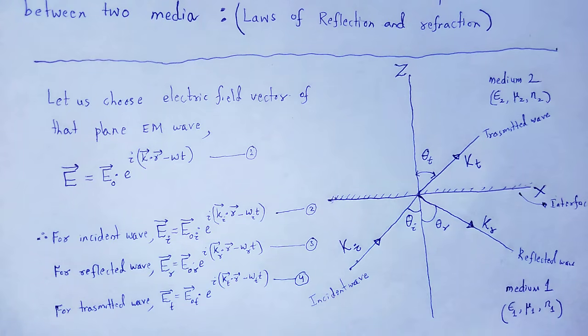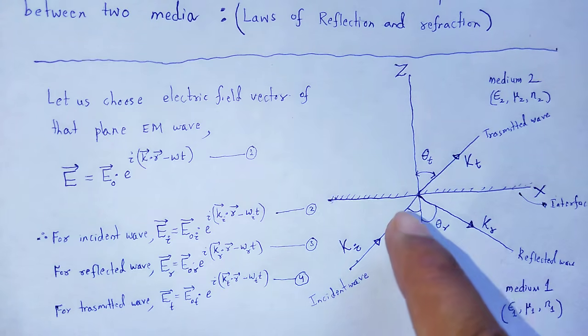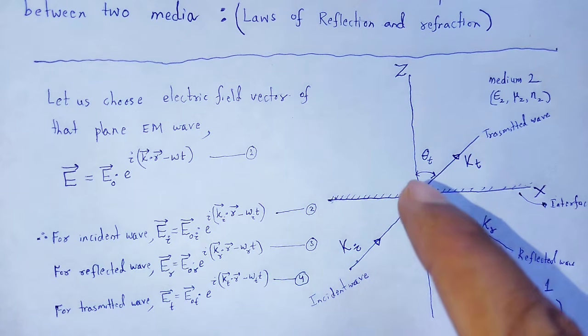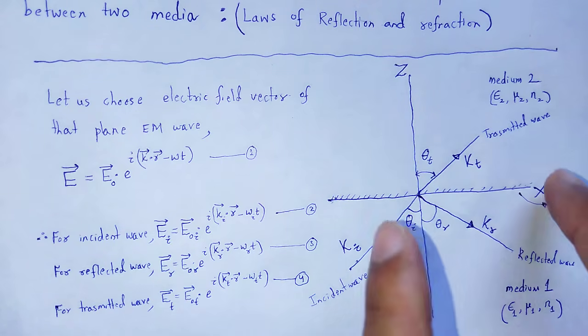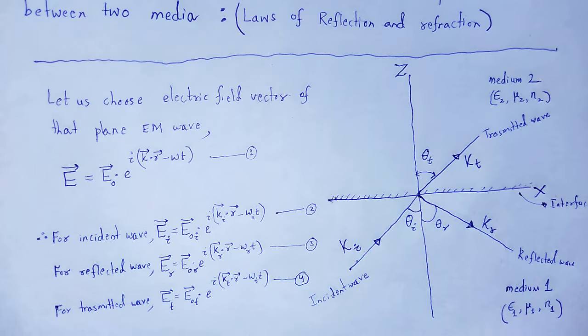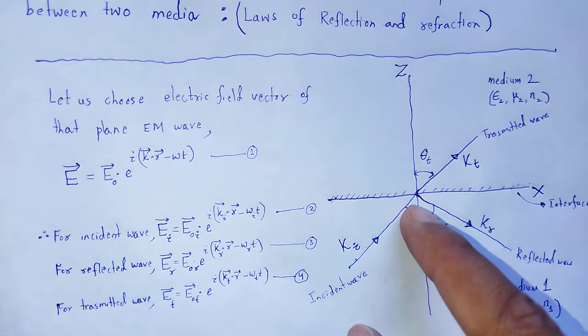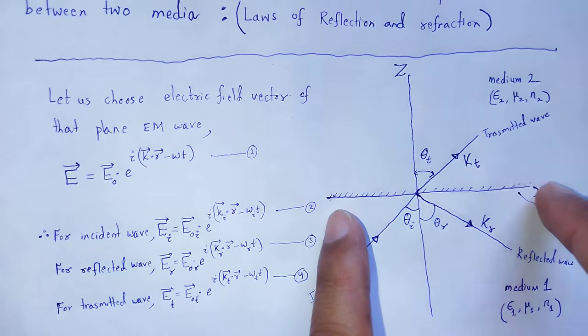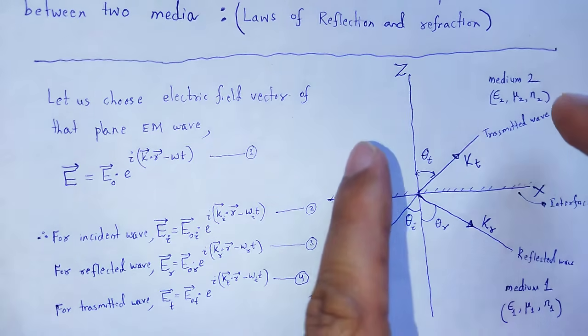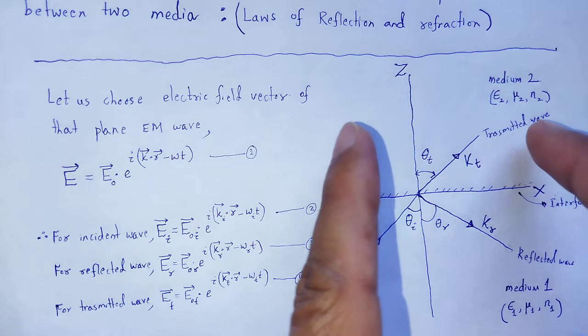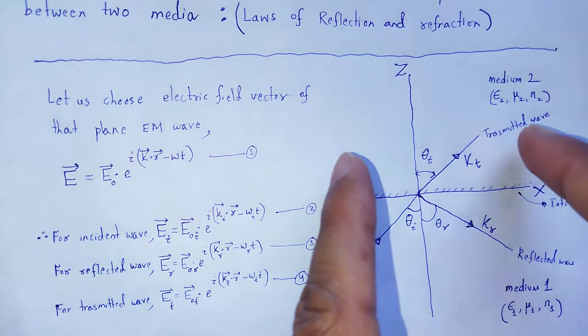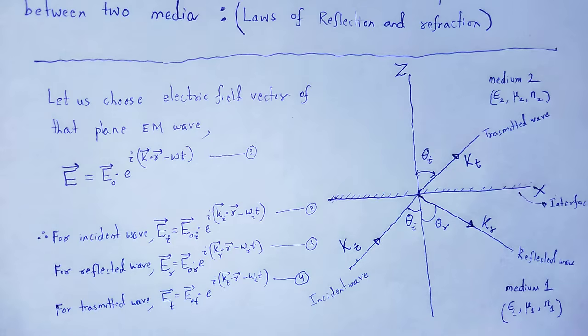So, what is the boundary condition? The boundary condition for the electric field vector is that the tangential component of electric field is continuous across the interface between two media, means the tangential component of electric field in medium 1 is the same as the tangential component of electric field in medium 2.